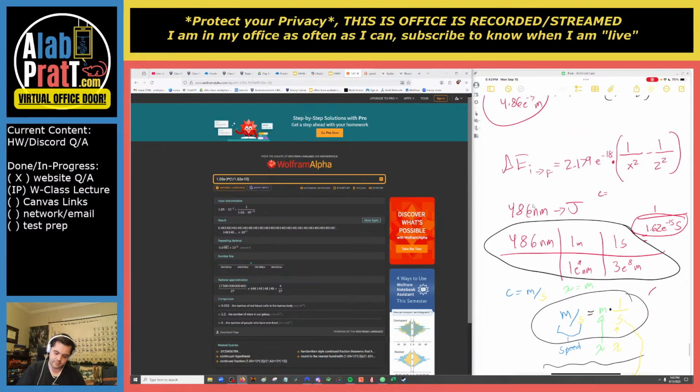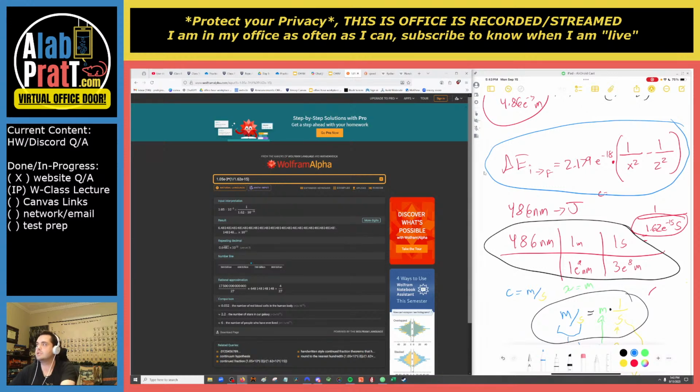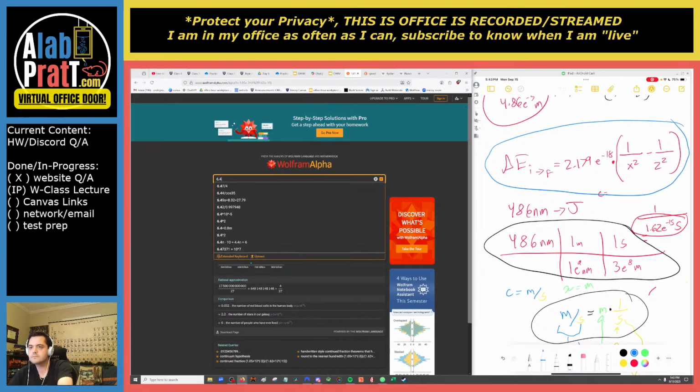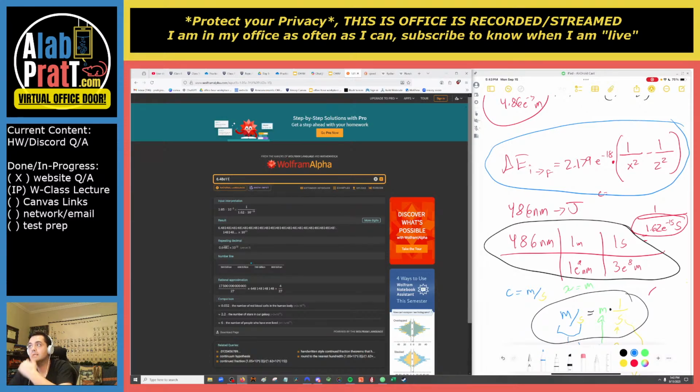And then we're back to this equation. I now know the energy, so let's see how this does. 6.48 e to the 11 is equal to 2.179 e to the negative 18 times 1 over x squared minus 1 over 4.